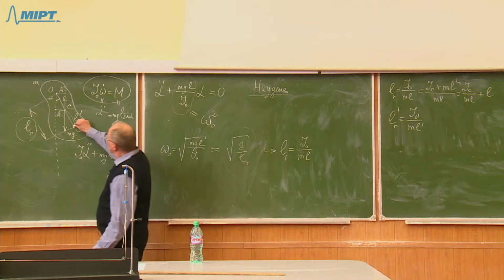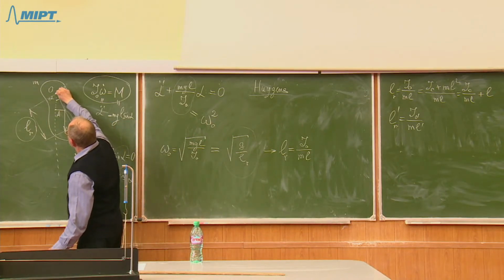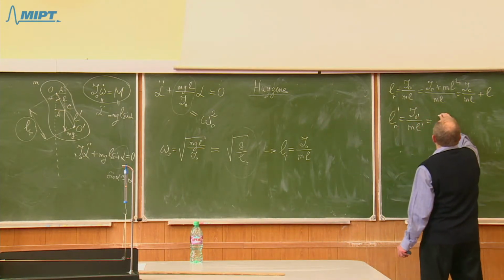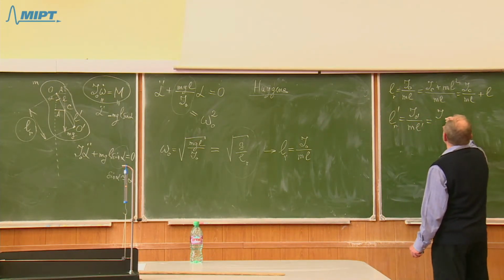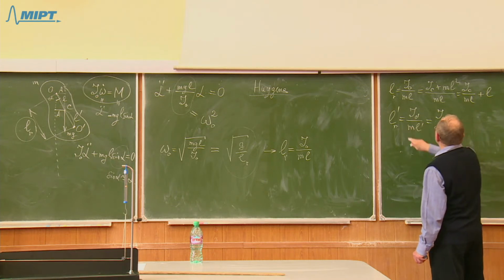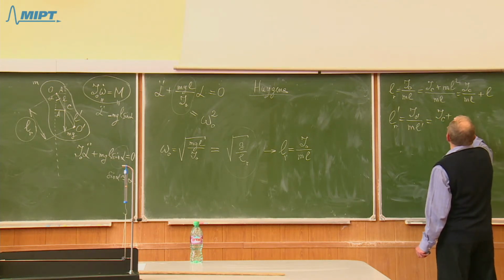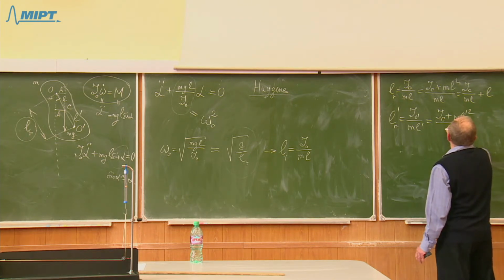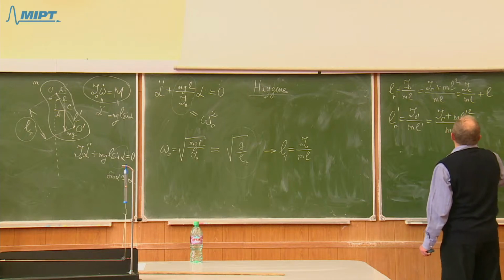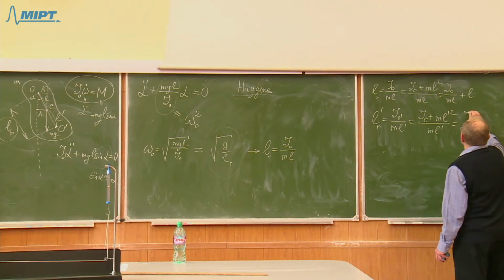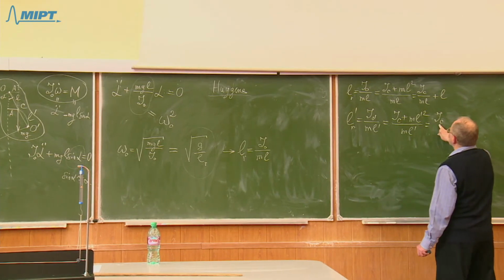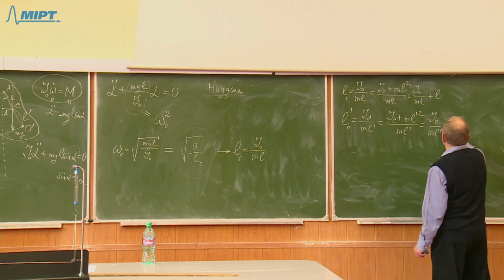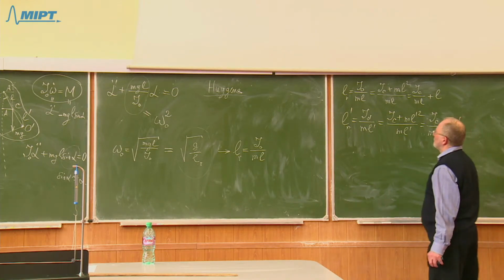So this is the distance L prime, and that was the distance L. It can be expressed again using the Huygens-Steiner theorem as the moment of inertia with respect to the center of mass plus m L prime squared, divided by m L prime, which is the moment of inertia with respect to the center of mass divided by m L prime, plus L prime.